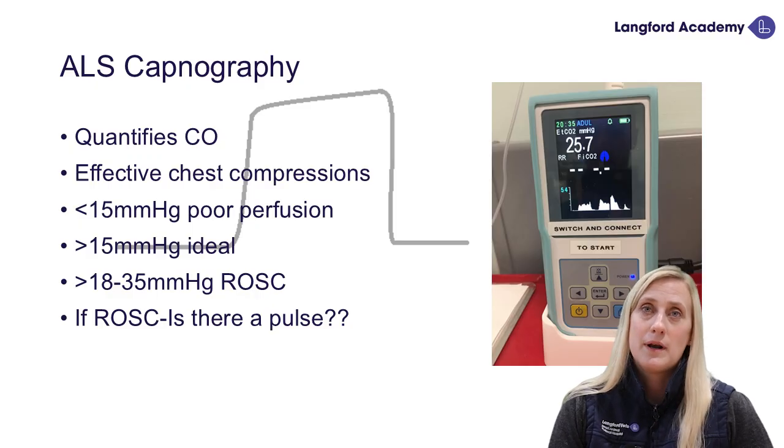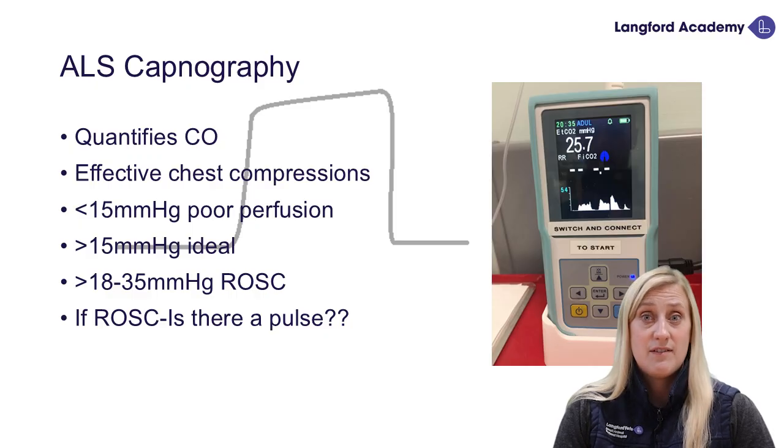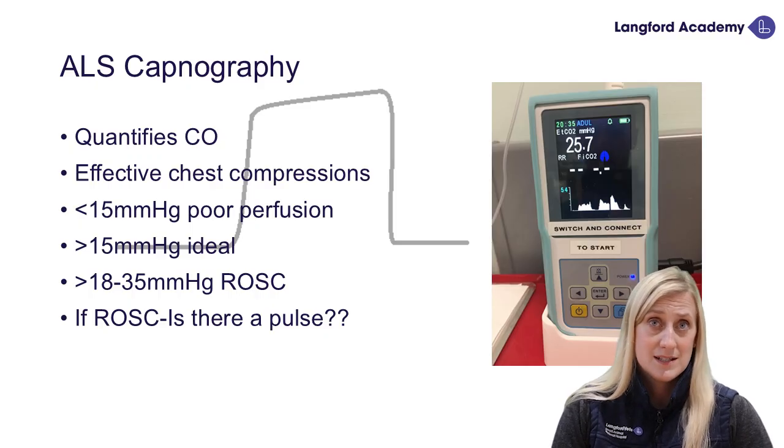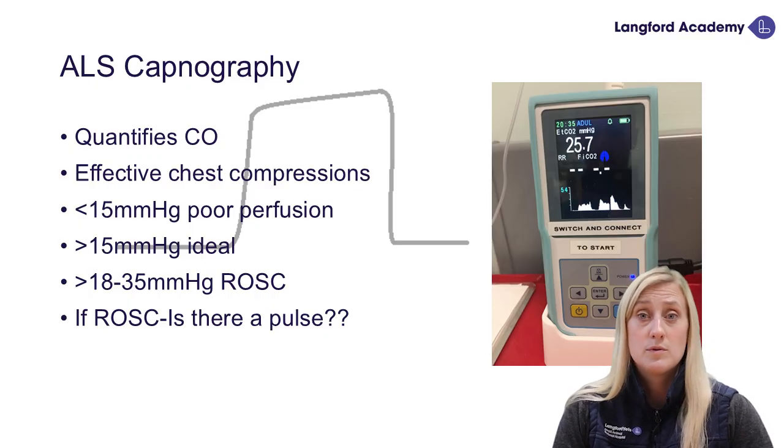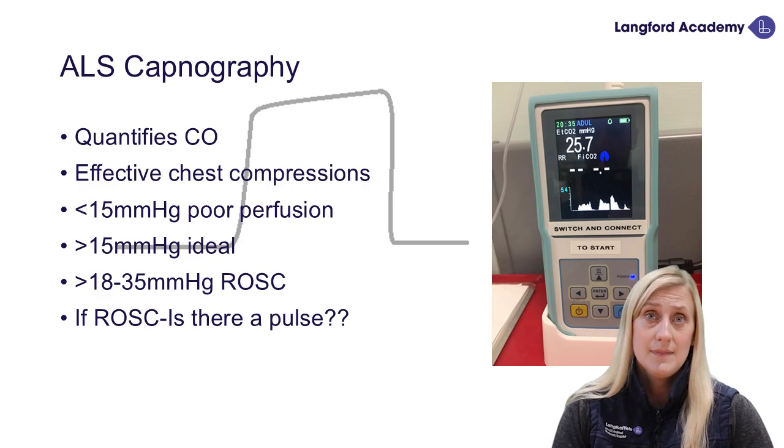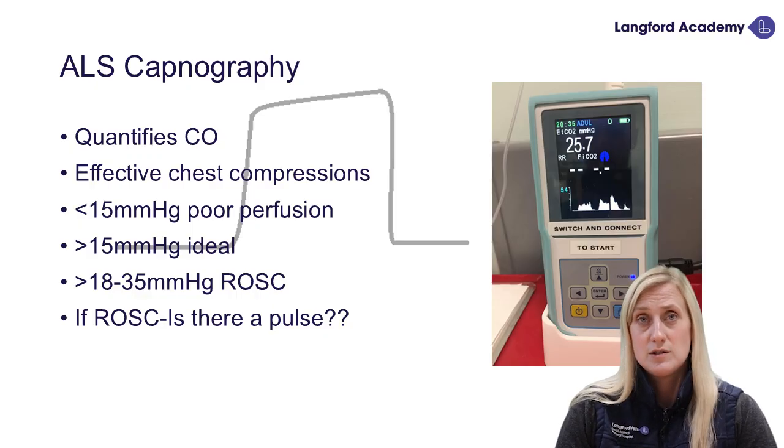But if we go below that, we're doing poor chest compressions, and we need to think about how we rectify that, swapping in somebody else to do chest compressions. Perhaps this person is very tired, they've already done 2 minutes and we need to swap, and we should have swapped in the 2-minute pause. And we're always going to check after the 2-minute cycle of basic life support whether a patient has got a pulse, have we achieved ROSC, what's their end tidal CO2 doing.